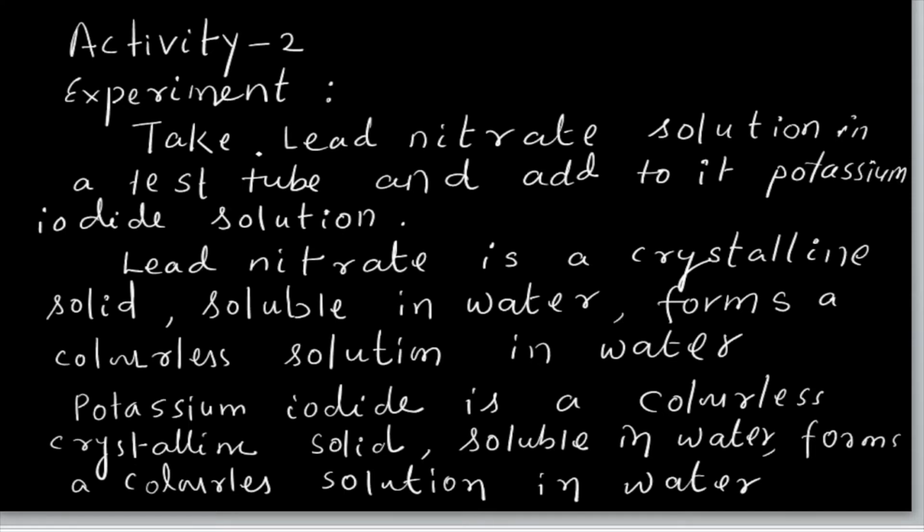In activity 2, lead nitrate is a crystalline solid which is soluble in water and forms a colorless solution. Similarly, potassium iodide is a colorless crystalline solid, soluble in water, and forms a colorless solution. Now, first you take lead nitrate solution in a test tube and add potassium iodide solution.